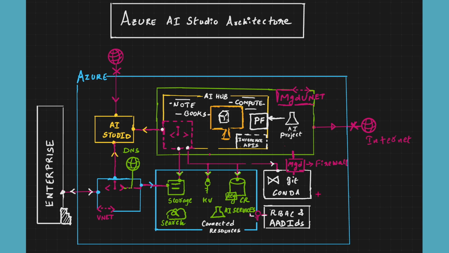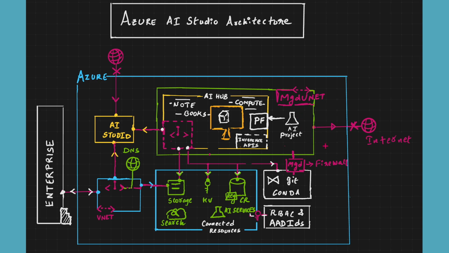Let's say you even block the outbound access. Then what we do is we create a managed firewall to poke a hole within the managed VNet wherein you could reach conda packages or Git. That is very advanced. Most companies don't necessarily sever the outbound access and make it isolated.